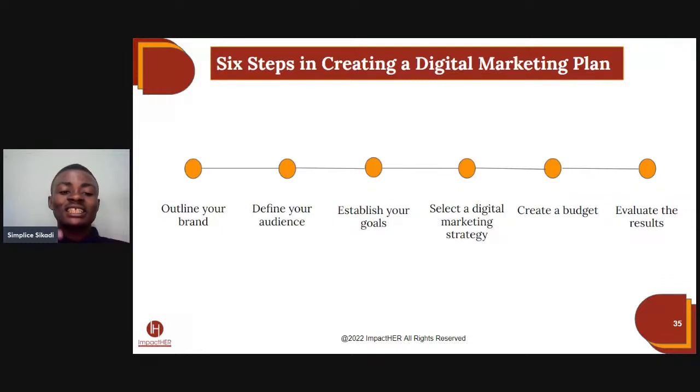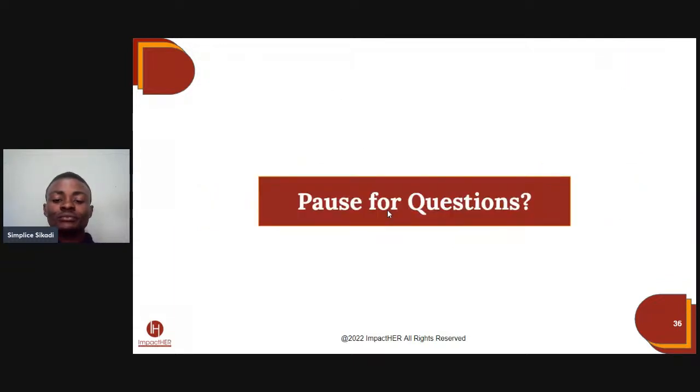You can even see the exact time when your audience is most active, because if you know the time when they are most active, you can create more content at that specific time, so that they can get active at that time. Yeah, so that's what your digital marketing plan should look like.